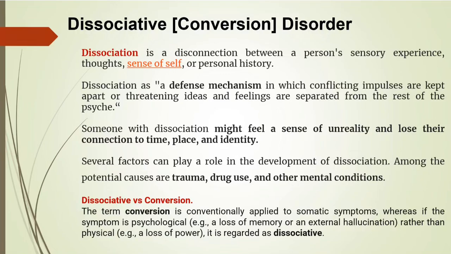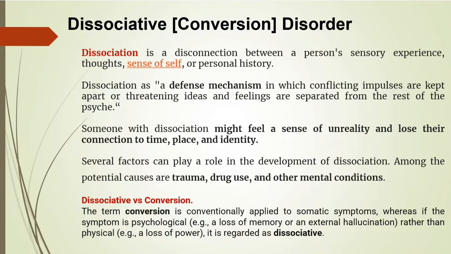So there are two terms, dissociation and conversion. So what is dissociation and what is conversion? Conversion is conventionally applied to somatic symptoms, whereas symptoms that are psychological rather than physical are regarded as dissociation. There are two kinds of presentation in this disorder. One seems to have involvement of bodily functioning, like motor symptoms, sensory symptoms, and others like amnesia and stupor.